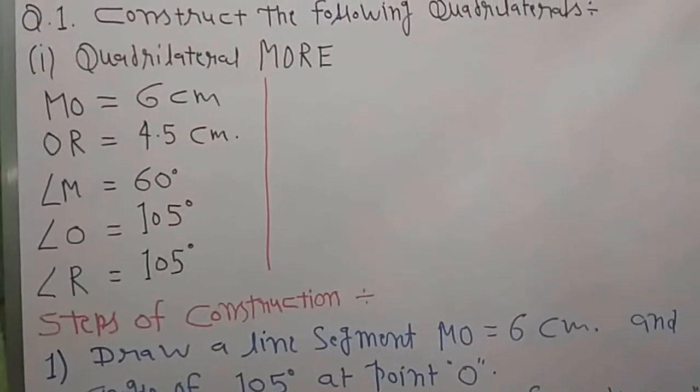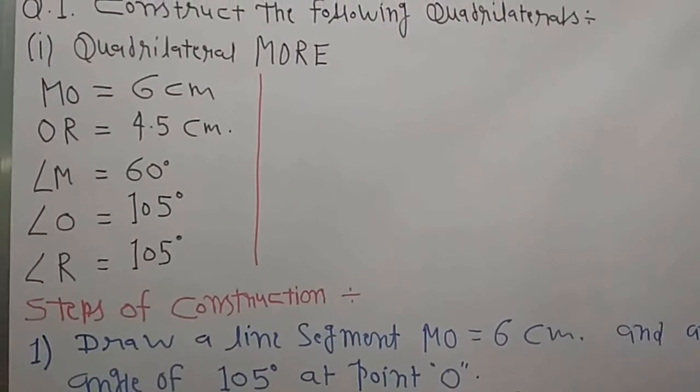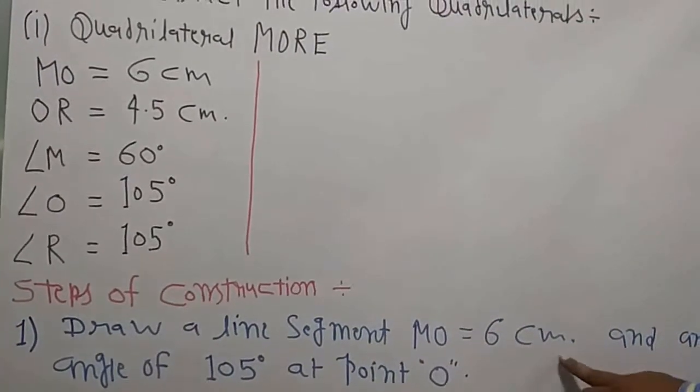The pair diagram for the quadrilateral MORE is step number 1. Draw a line segment MO equal to 6 centimeter.